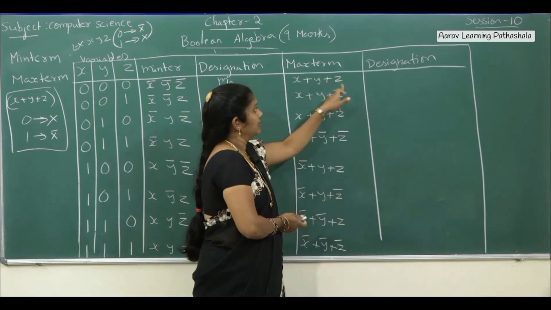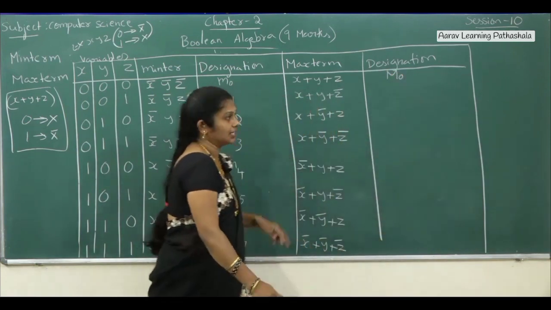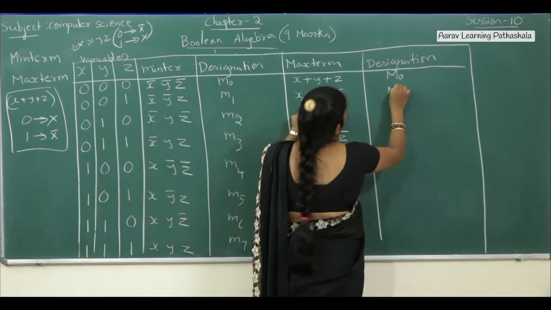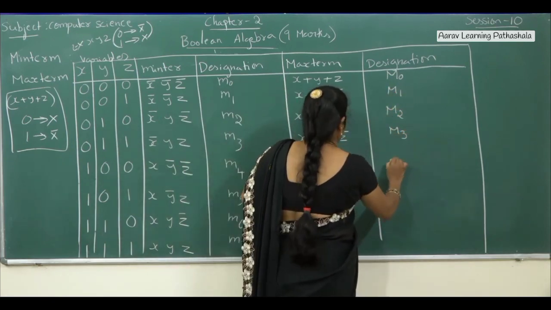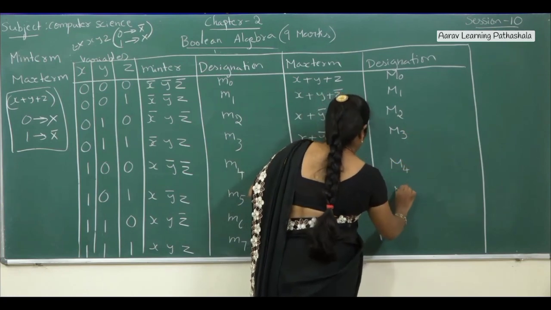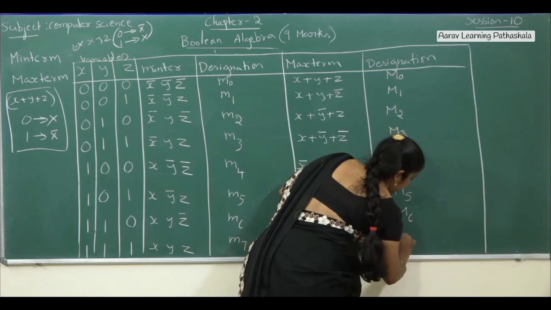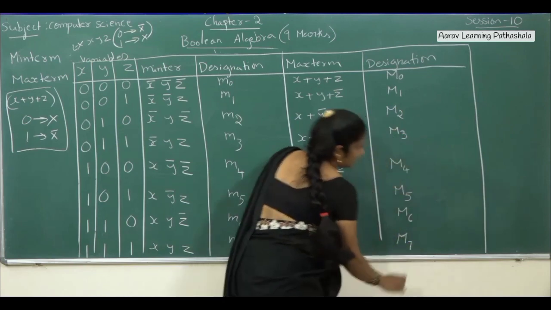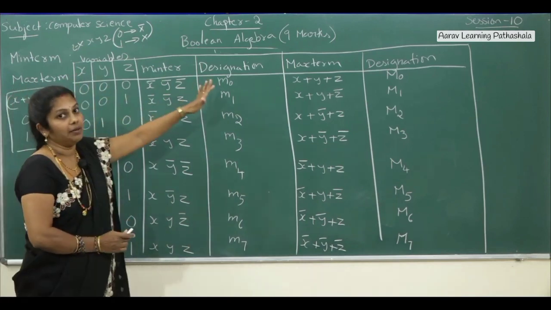X plus y plus z represents capital M naught. This is the designation. This represents M1, M2, M3, M4, M5, M6, and this represents M7. These are the things regarding minterm and maxterm.